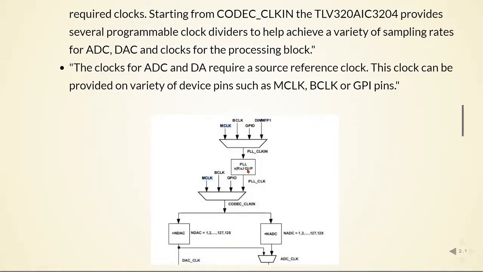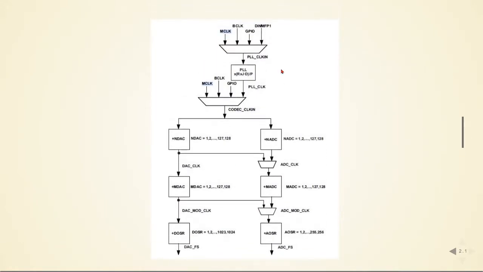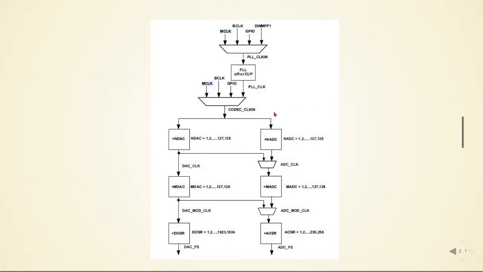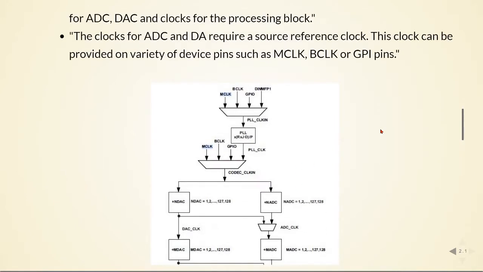Here we have a block diagram of the PLL and the dividers to achieve different clocks. We can select different references. In our case, we are going to select the M clock. Then for the codec clock we can also select different values and different signal references, but we are going to select the PLL clock.